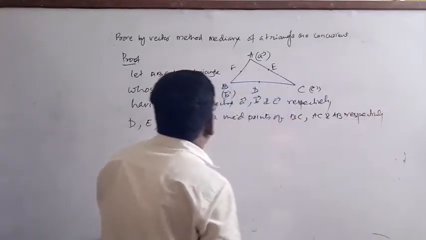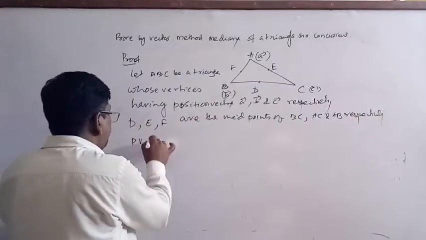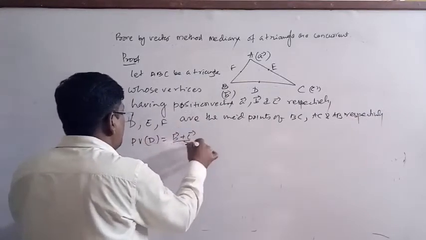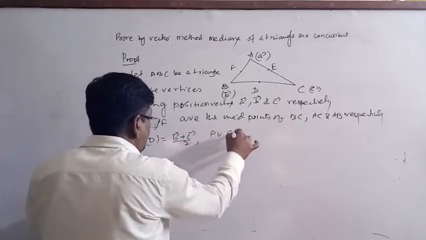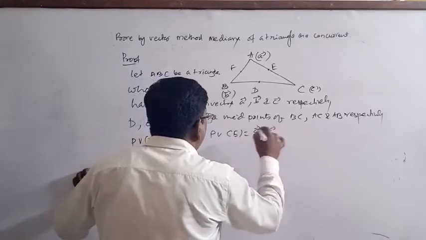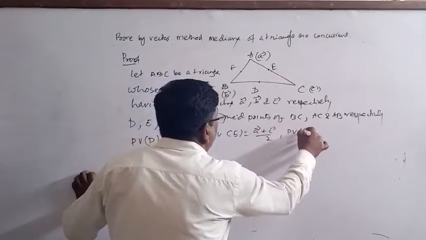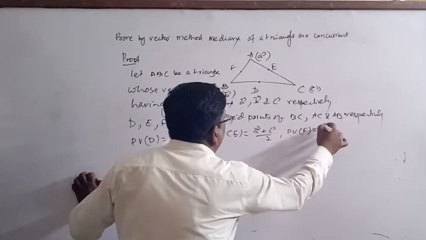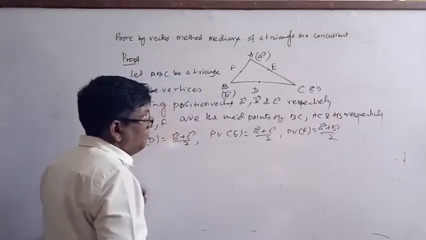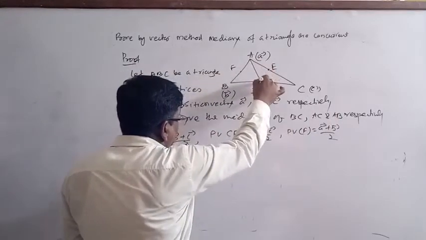So the position vector of D is B plus C by 2, the position vector of E is A plus C by 2, and the position vector of F is A plus B by 2. What is a median? A median is the line segment joining an angular point to the midpoint of the opposite side.